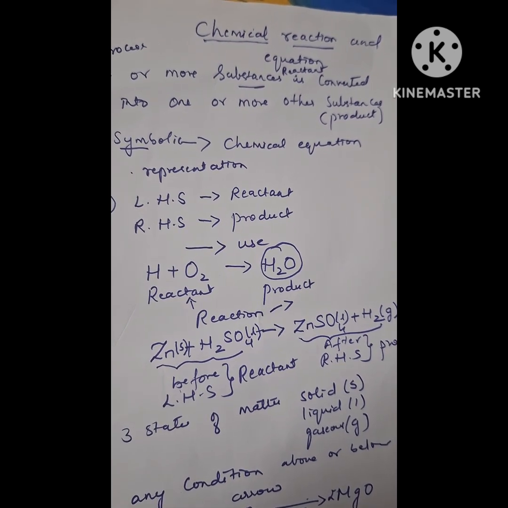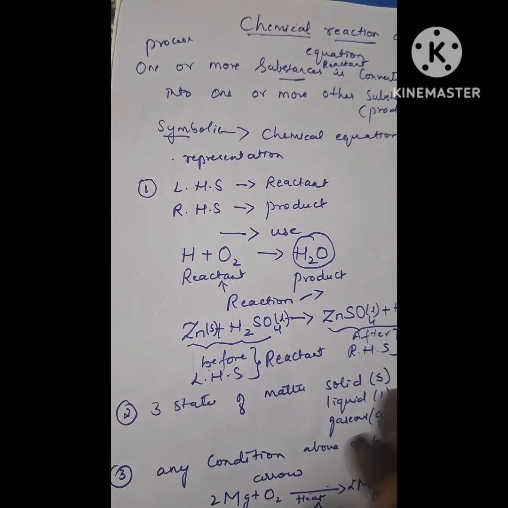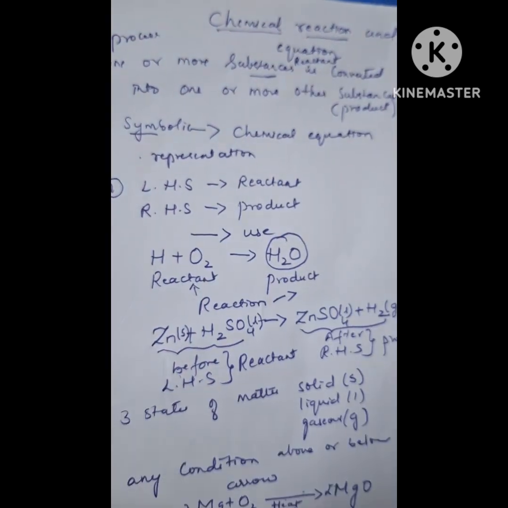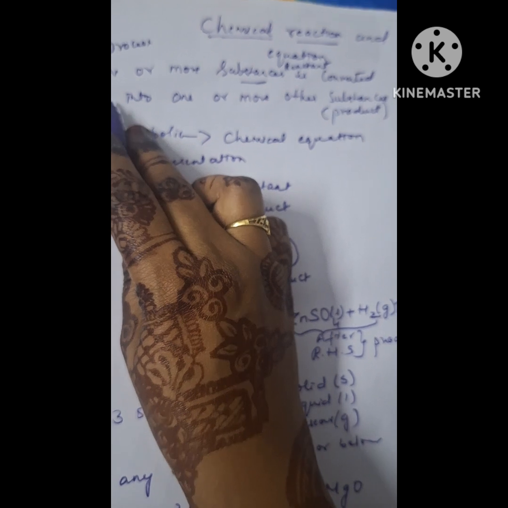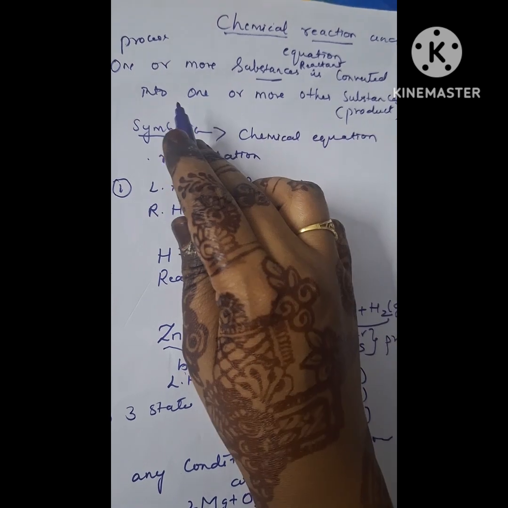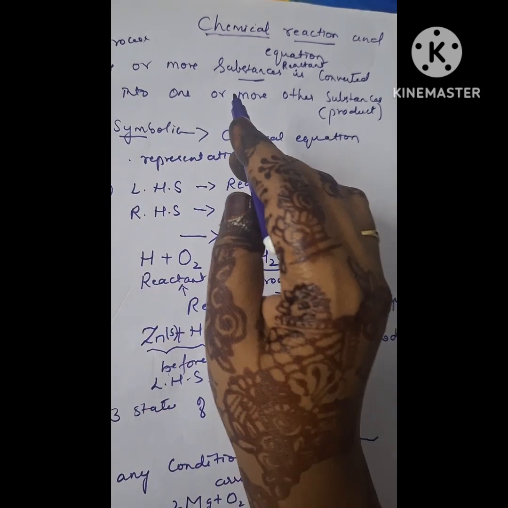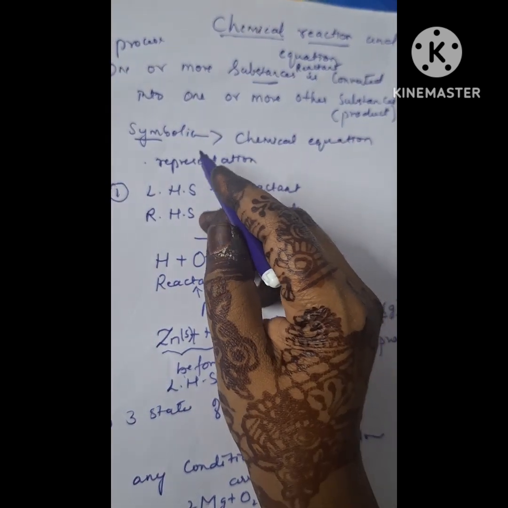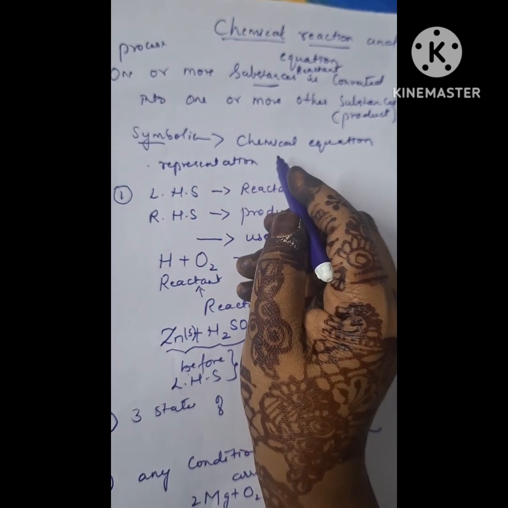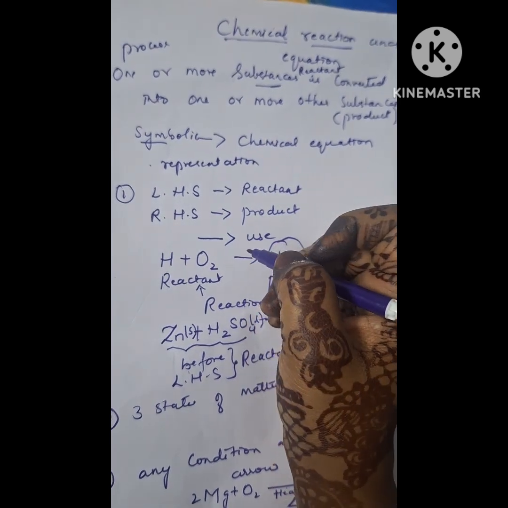So before moving further, let's briefly understand what we have learned in today's class. We have learned what is a chemical reaction. It's a process where one or more substances, that is reactant, is converted into one or more other substances, that is product. Now this reaction, if you write it in a symbolic form, that is a symbolic representation of chemical reaction, is called a chemical equation.